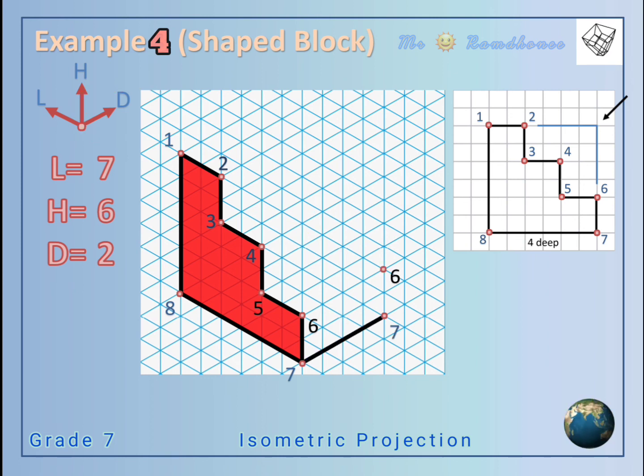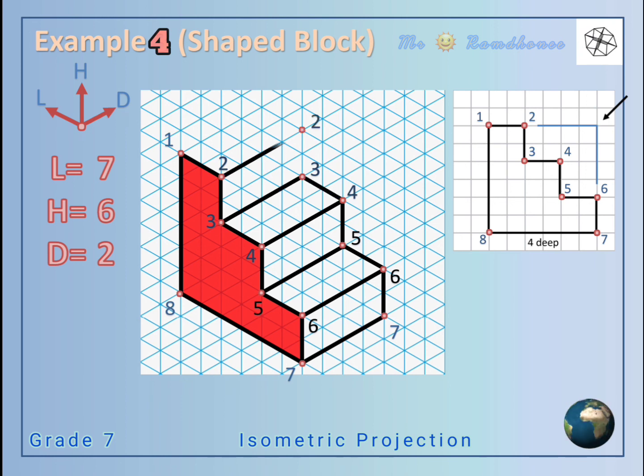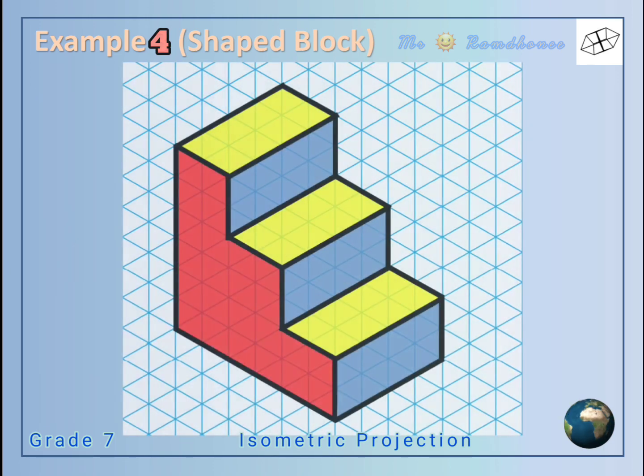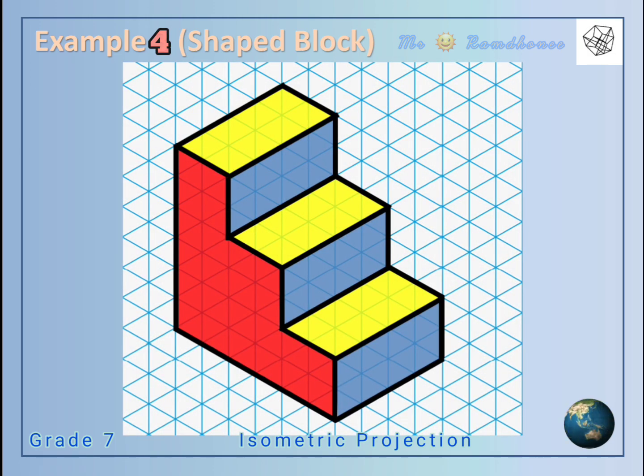Next we have point 6, and then we complete this face, and then we are going to move each point to the depth and complete the faces. So once the drawing is complete, we have to add colors to the front, top and side, so the top view will be yellow and the side view will be blue, and the completed rendered object will look like this.